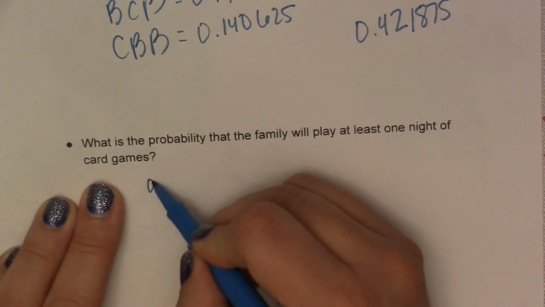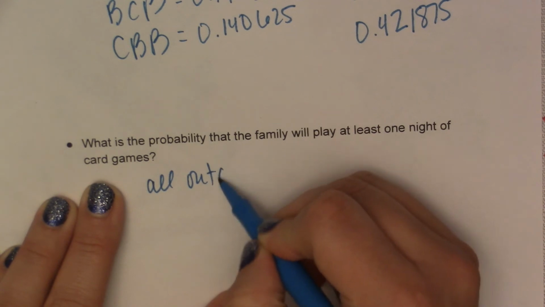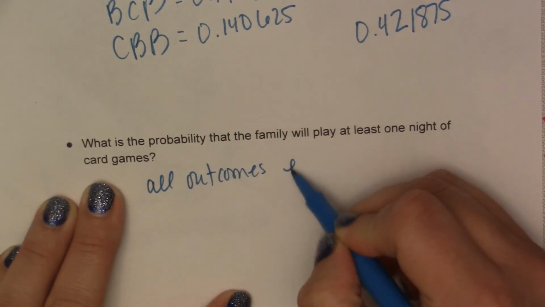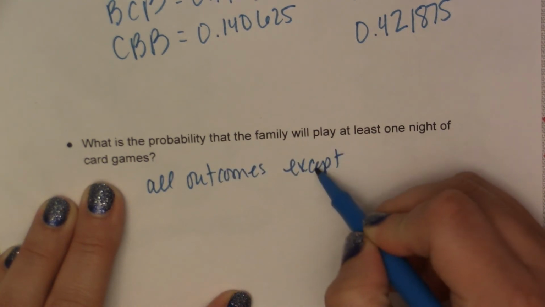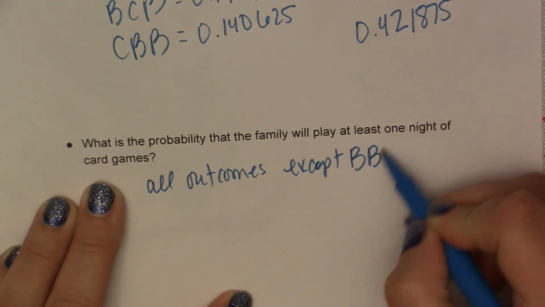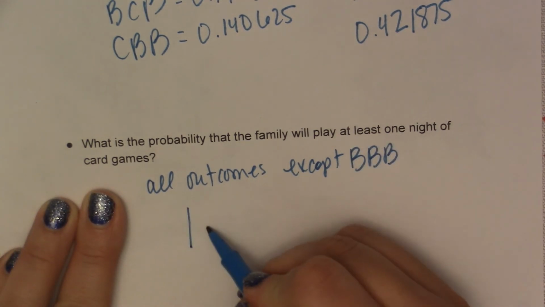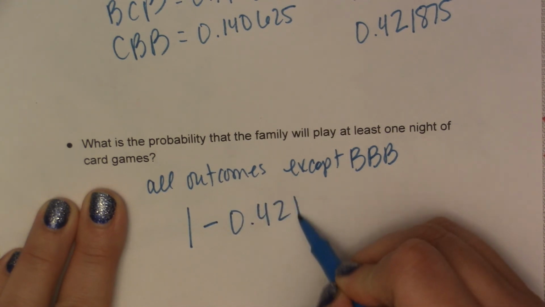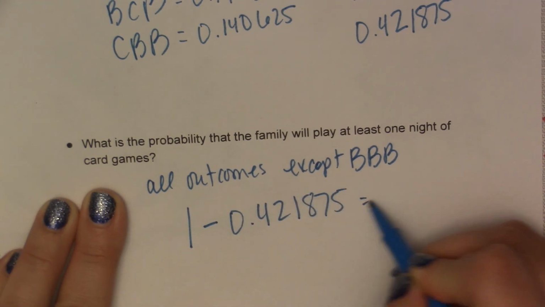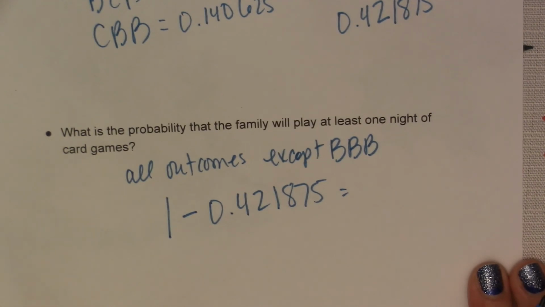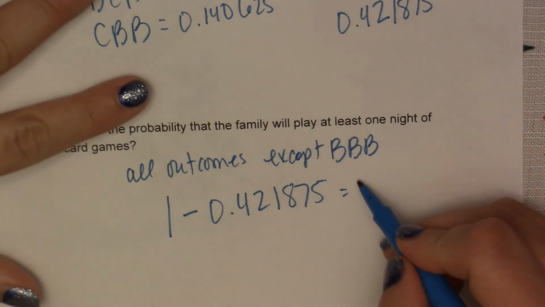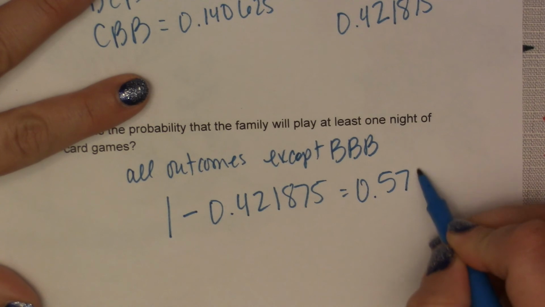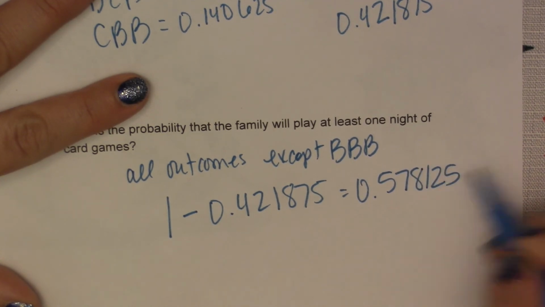So it's all outcomes except board game, board game, board game. We're going to do 1 minus 0.421875. And that gives us a probability of 0.578125.